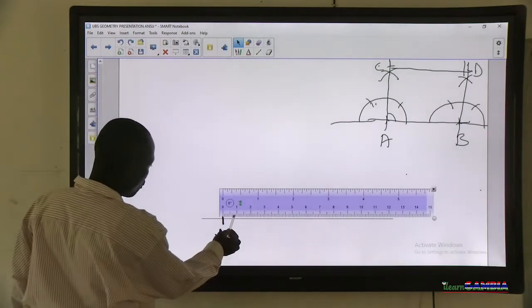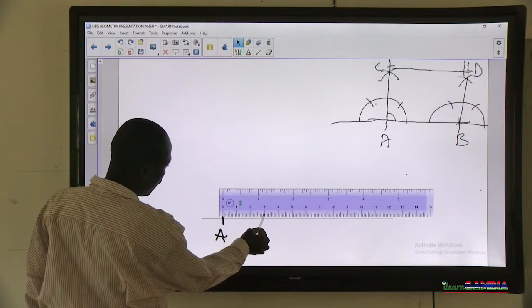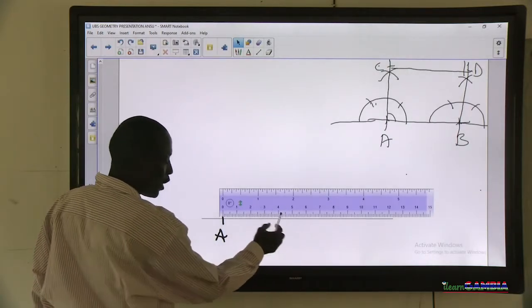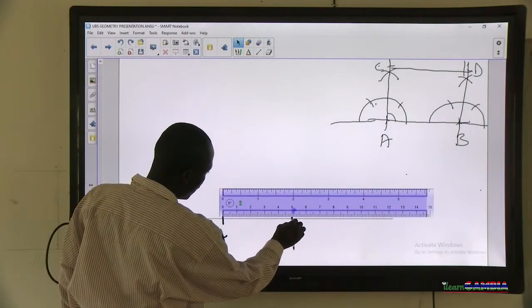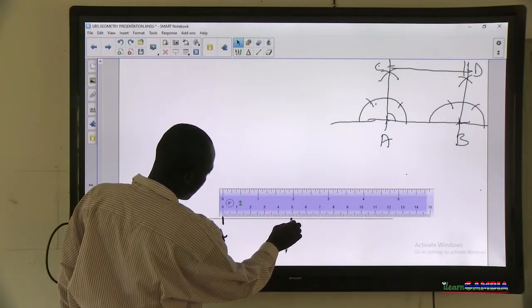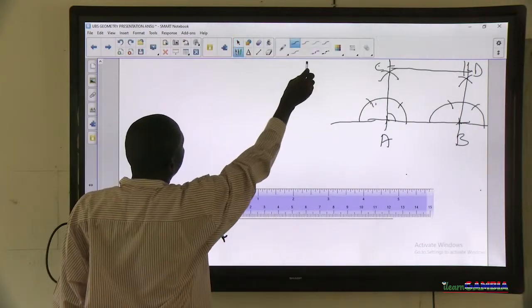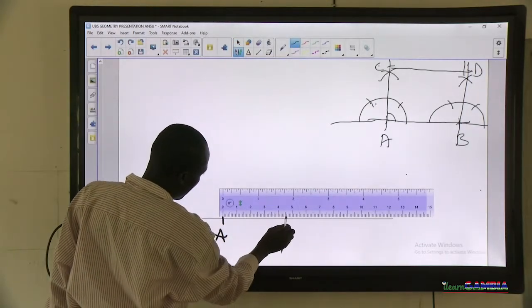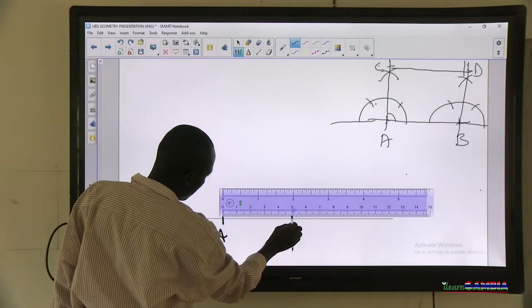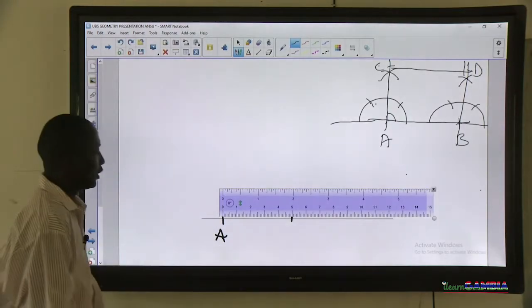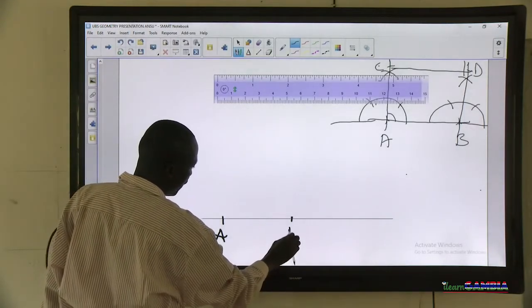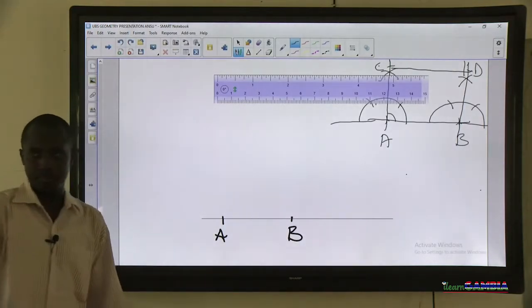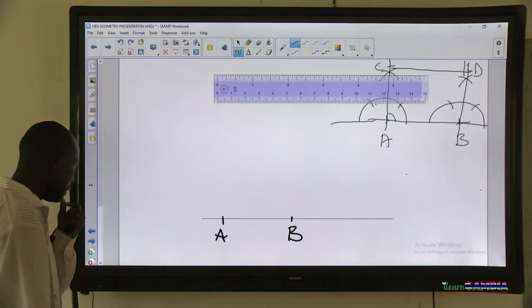So I will count 1, 2, 3, 4, 5. Where the 5th mark is, that is where I mark. This point here is 5 centimeters. So this is my point B.